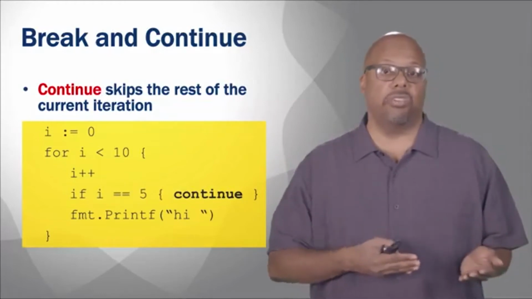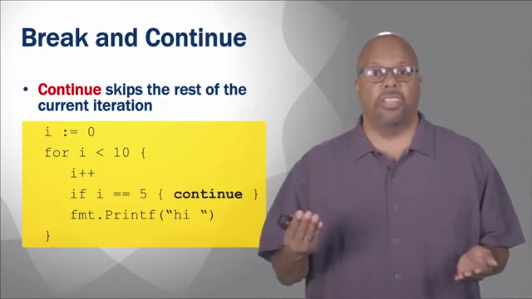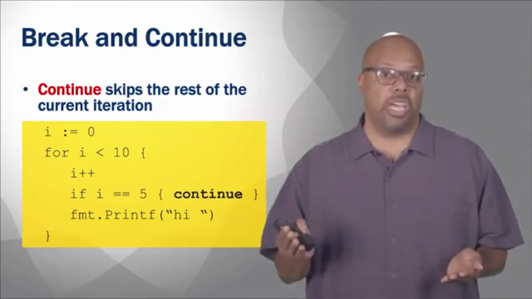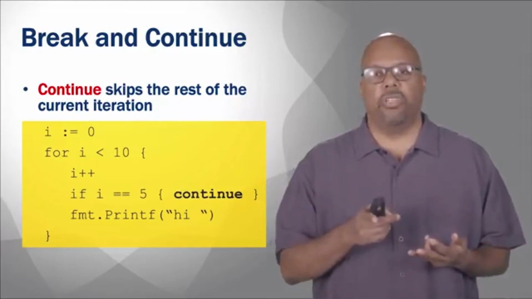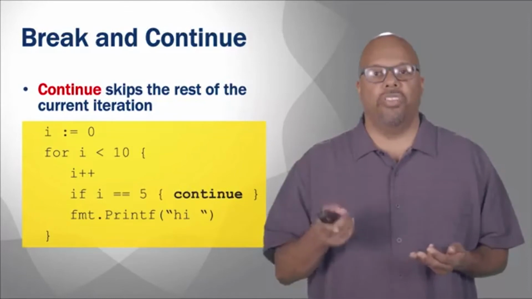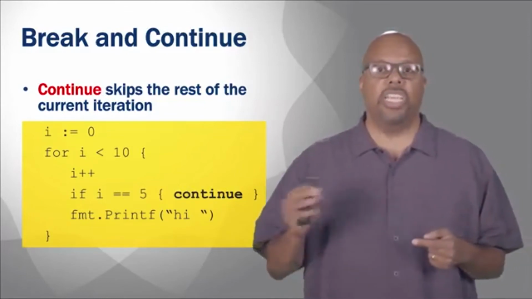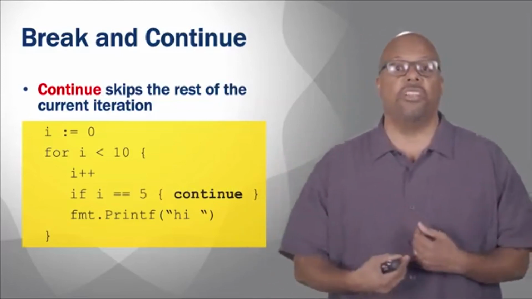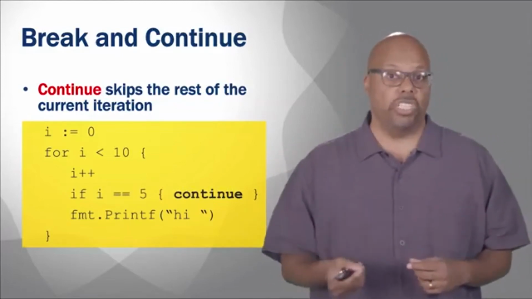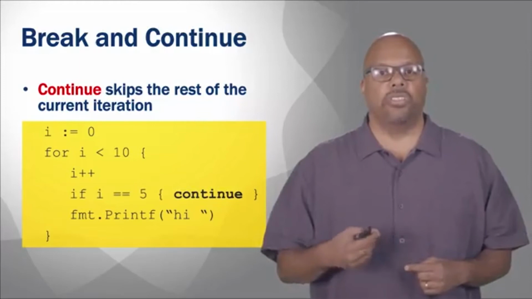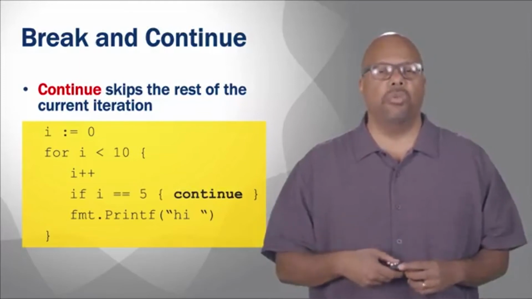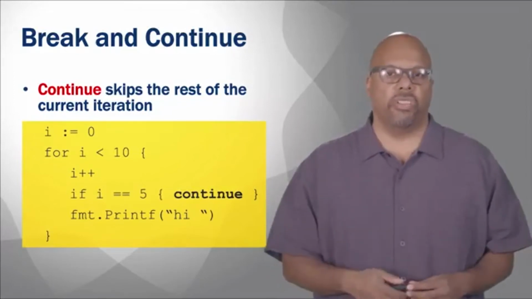Because i starts at 0 and the condition is i less than 10, so it would execute 10 times. But for this loop, it says if i equals 5, continue. So that one iteration where i is equal to 5, it'll just jump right past that iteration of the loop. The loop will still execute, but it won't execute as many times. It'll skip one iteration of the loop.